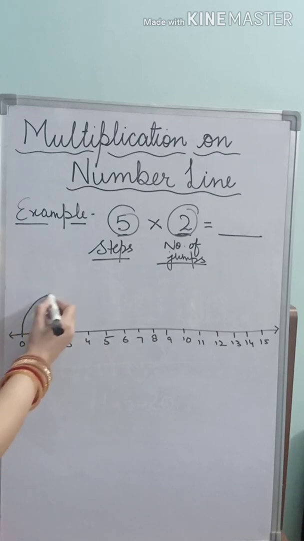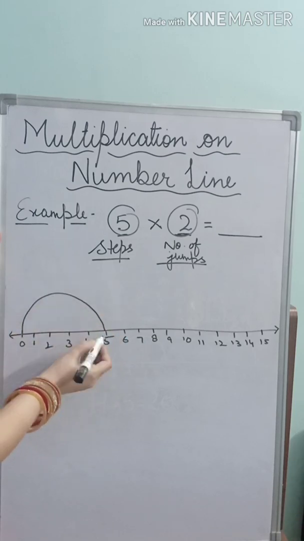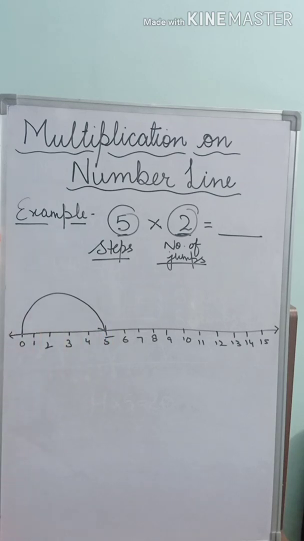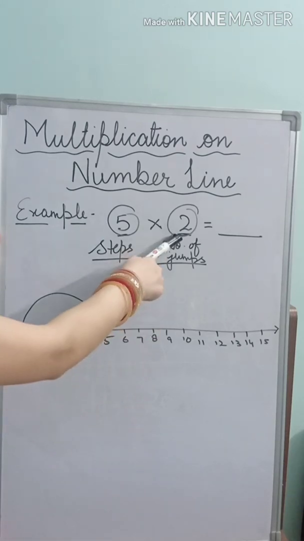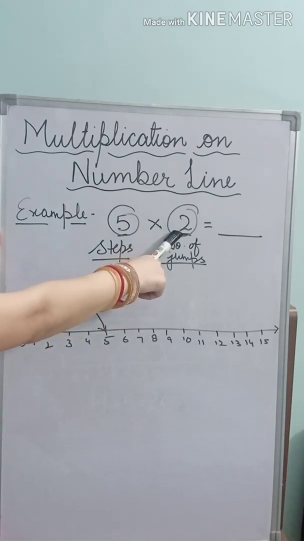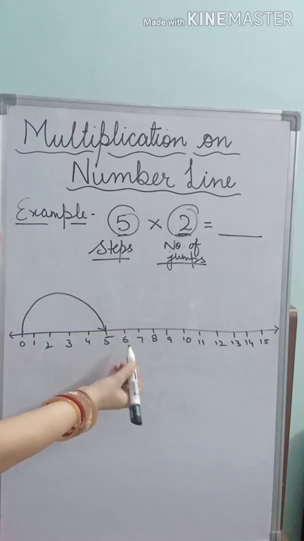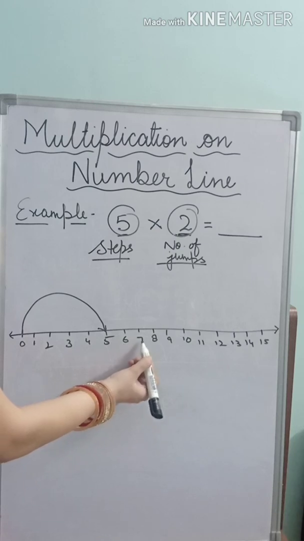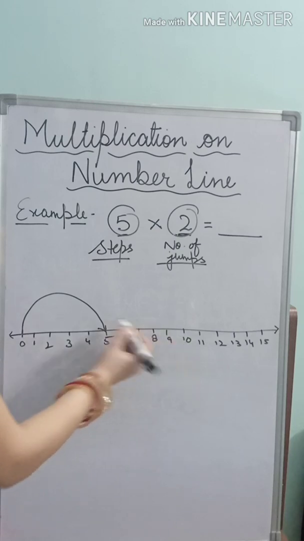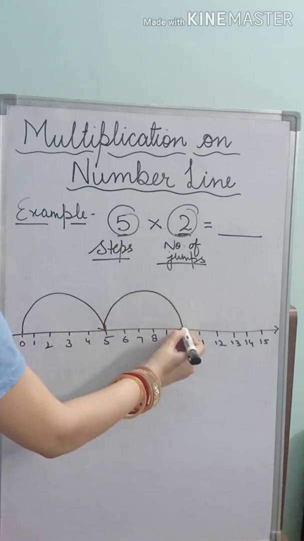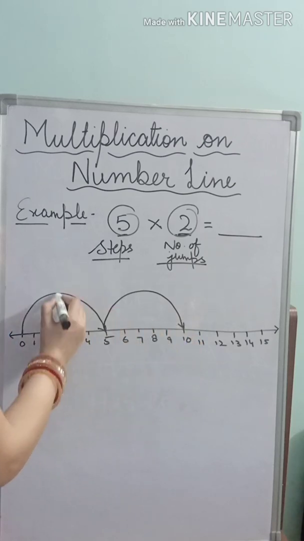So if I move 5 steps ahead, I'll reach 5, right? And how many jumps do we need? We need 2 jumps. So let's take one more jump of 5 steps. Count 1, 2, 3, 4 and 5. So on my second jump, I'll reach 10.